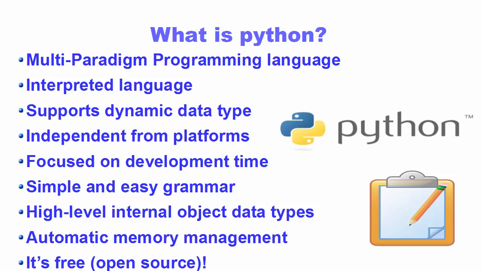So let's say you declare a variable x is equal to 9 in Python. Python will do its type checking at runtime, whether it's an integer or a string or a double value. All will be done at runtime.